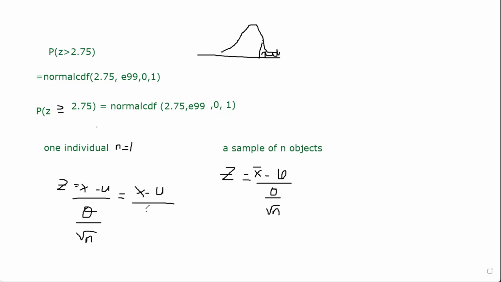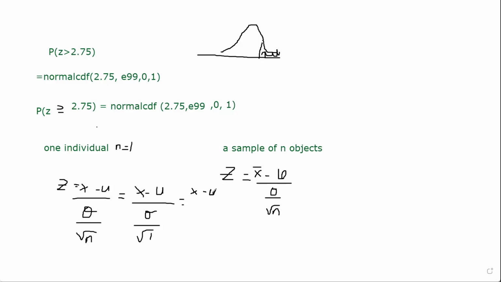Sigma's still the same regardless. But if n is 1, then this becomes the square root of 1, which is 1. So this formula becomes z is equal to x minus mu over sigma, which is what you're used to.